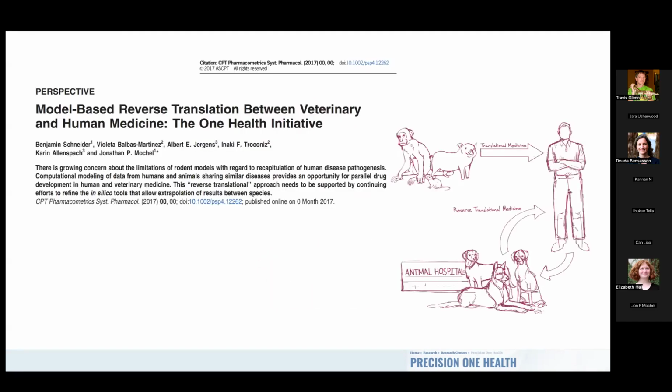And that's precisely one of the objectives of our lab and this new Center for Precision One Health at UGA. And I'm sure you already know about the concept of One Health in the context of infectious disease and how interactions between the environment, the animals, and humans can actually facilitate the dissemination of disease between species.